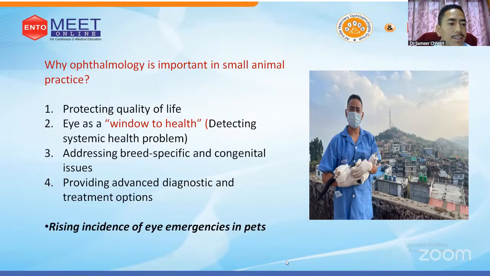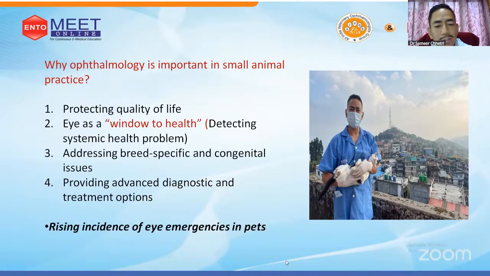First is protecting the quality of life, because vision is very important to animals for navigation, social interaction, and avoiding danger. So it's very important that their eyes are of optimum health.